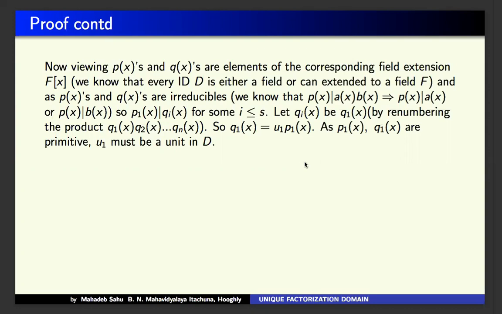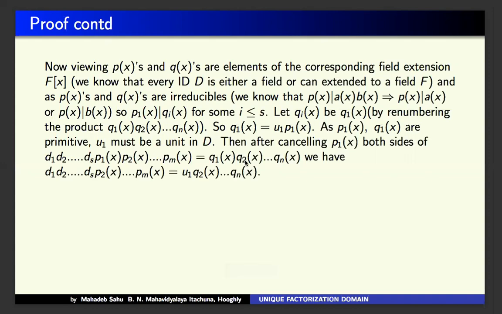So from this view, there is a unit in D. Now going forward, I put q1x as u1 p1x, q2x as u2 p2x, like this. Just put these values in the above relationship.